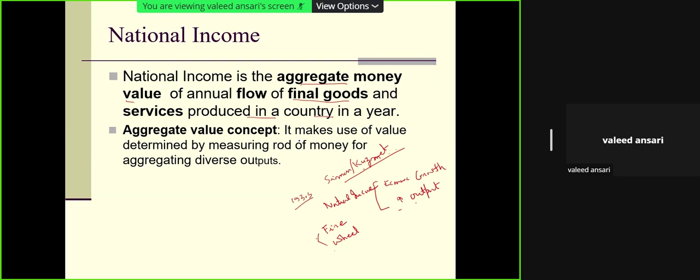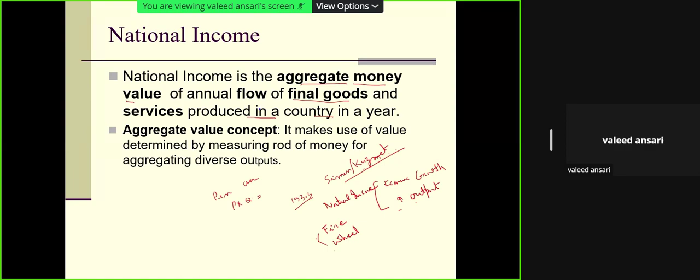Now there are millions of goods and services. So what is done here is that we take the aggregate money value, that is, we multiply by the quantity produced, and it is a kind of aggregation of all those goods and services.